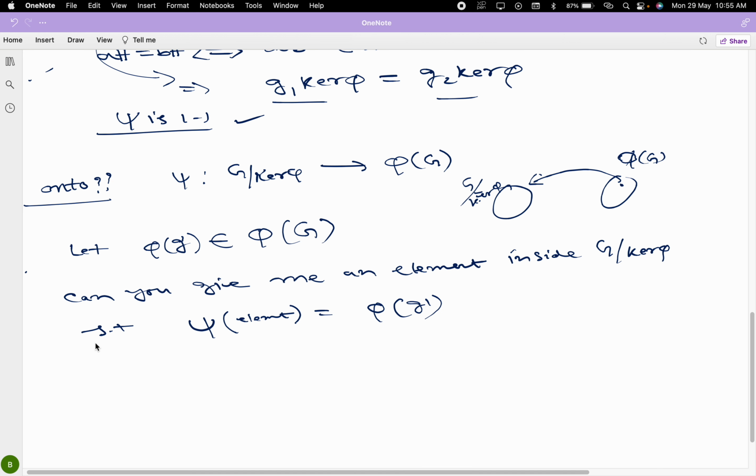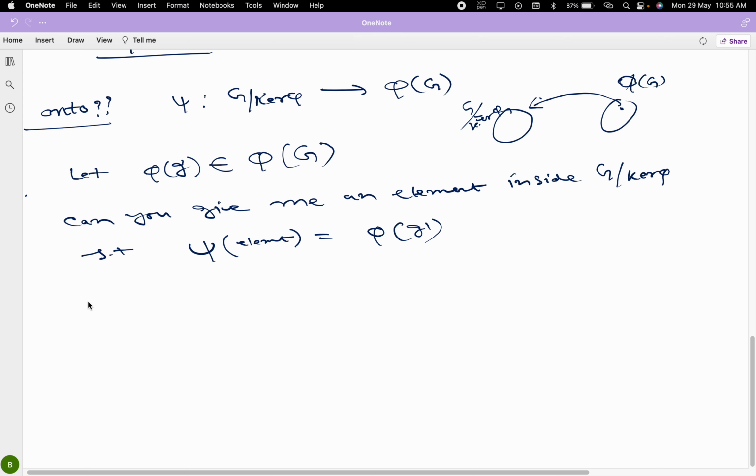Yeah, I can give you. Take phi of g dash, and I will give you g dash kernel phi. This gives phi of g dash, right? So this map is onto. I am giving any element over here, and you should be able to give a pre-image over here. So g dash kernel phi is a pre-image of phi of g dash under the map psi. So this map is onto. So psi is onto also.